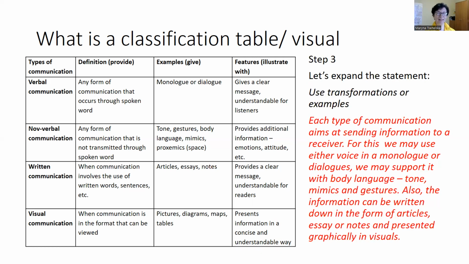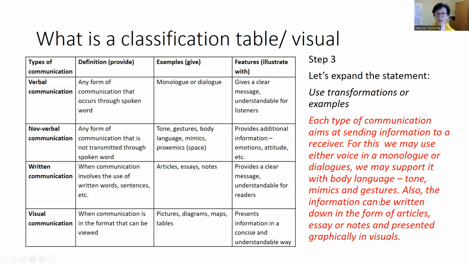So we are still at step three, and let's try to expand the statement. Use transformations or examples. I have expanded it this way. Each type of communication aims at sending information to a receiver. For this, we may use either voice in a monologue or dialogue. We may support it with body language, tone, mimics, and gestures.